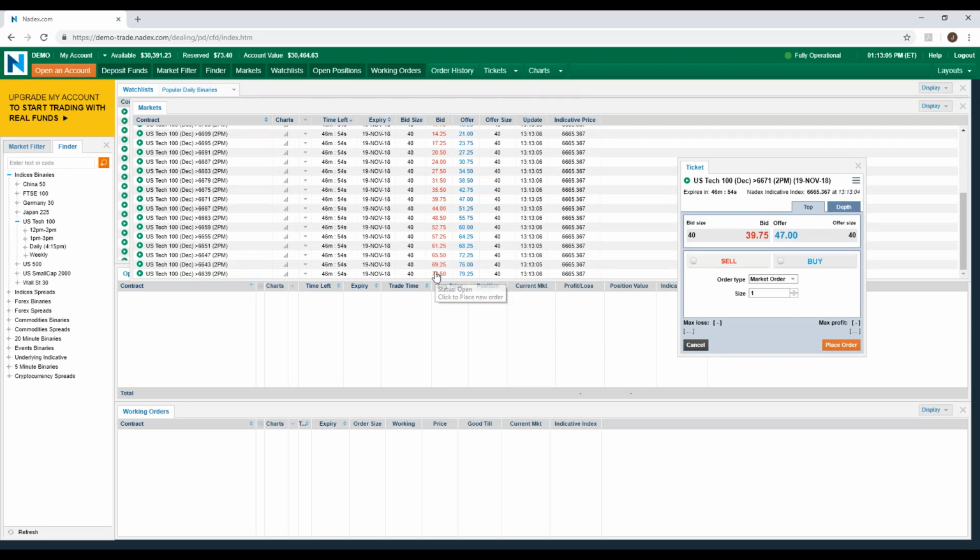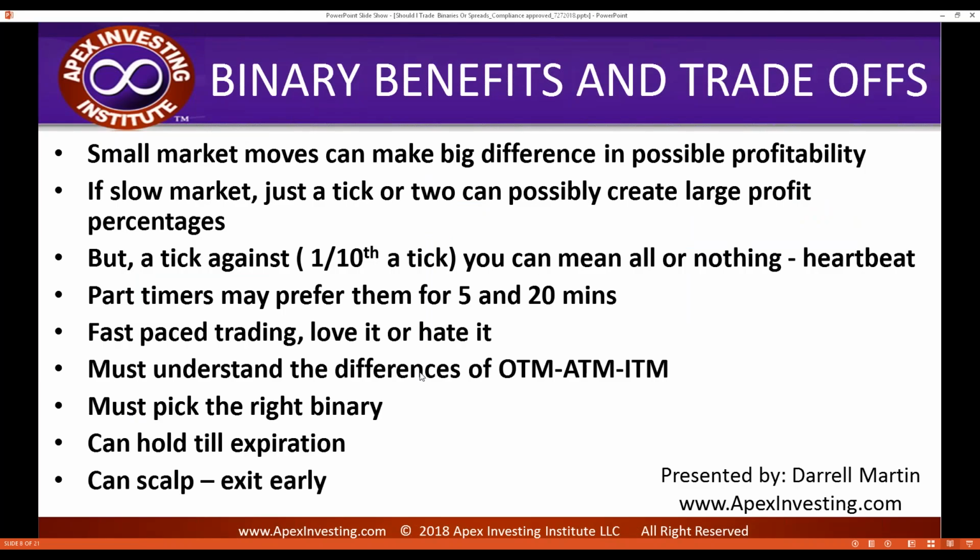I can exit right there. I don't have to hold it until expiration. Okay. I can exit early, whether the binary is going in my favor or going against me. All right. I don't have to hold it all the way to the end. I can get in for 50 and get out at 75. Okay. So I do have options there. All right, which is great.